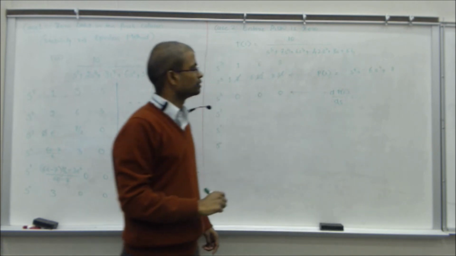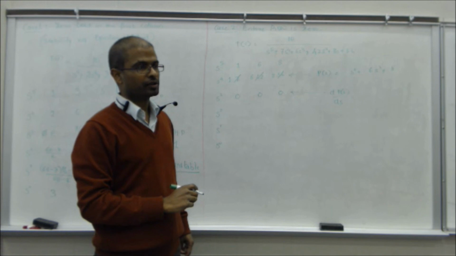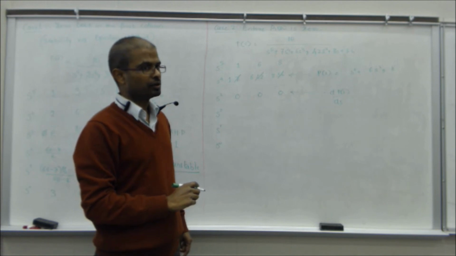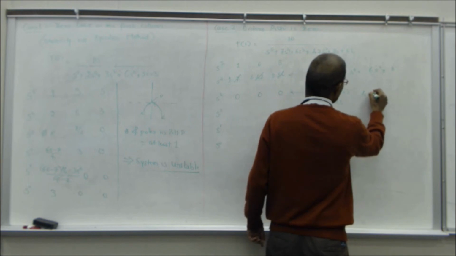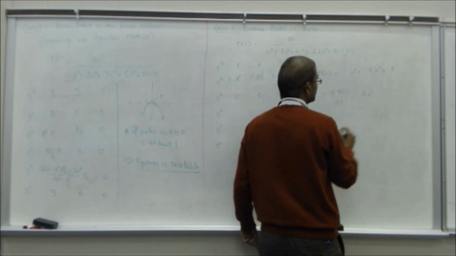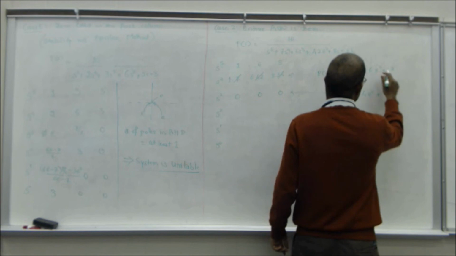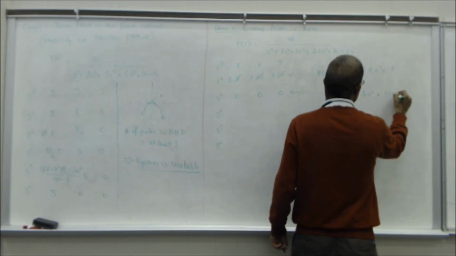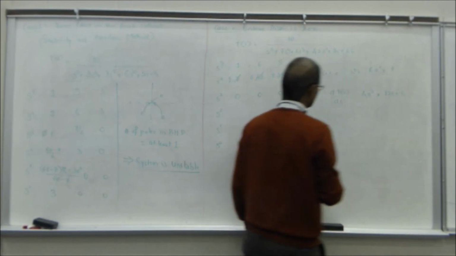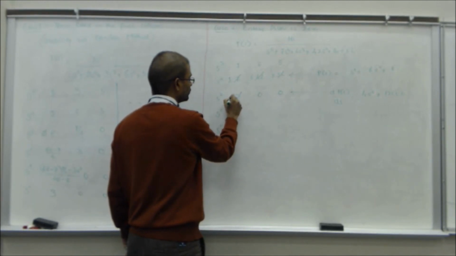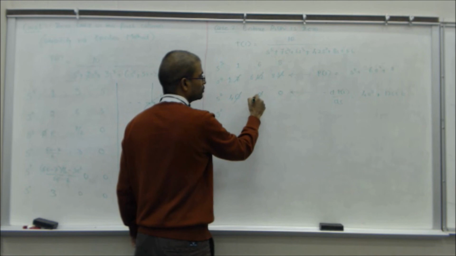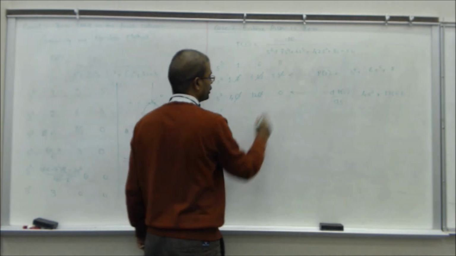So what is this? Derivative of P(s) over ds. So the derivative is 4S^3 plus 12S plus 0. So now I use this 4, 12 and keep this as 0.